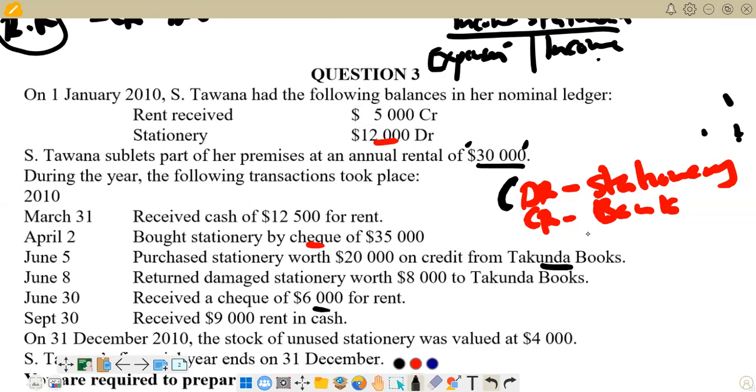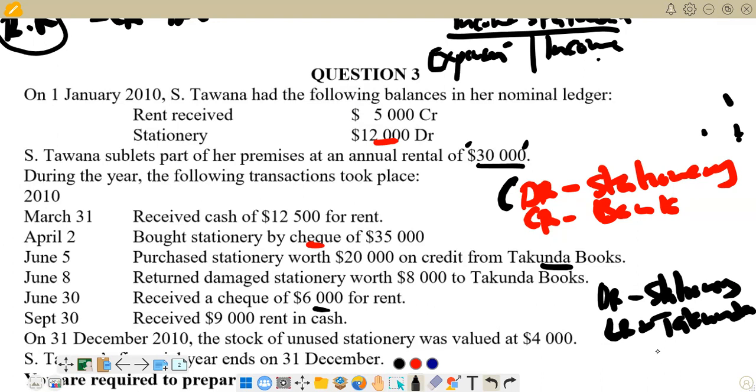So we are receiving stationery. So we debit stationery, and then we credit. Since we are not receiving any money, we are going to credit the name of the person, Takunda Books. So we are concerned, remember, with this part of debit.